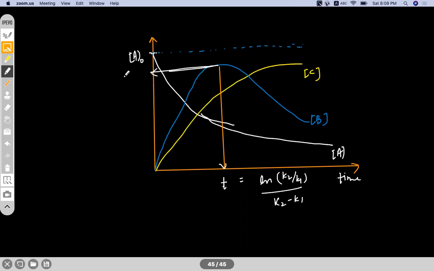Here, this one is the B max we have. This is it for this. Any doubt in this?